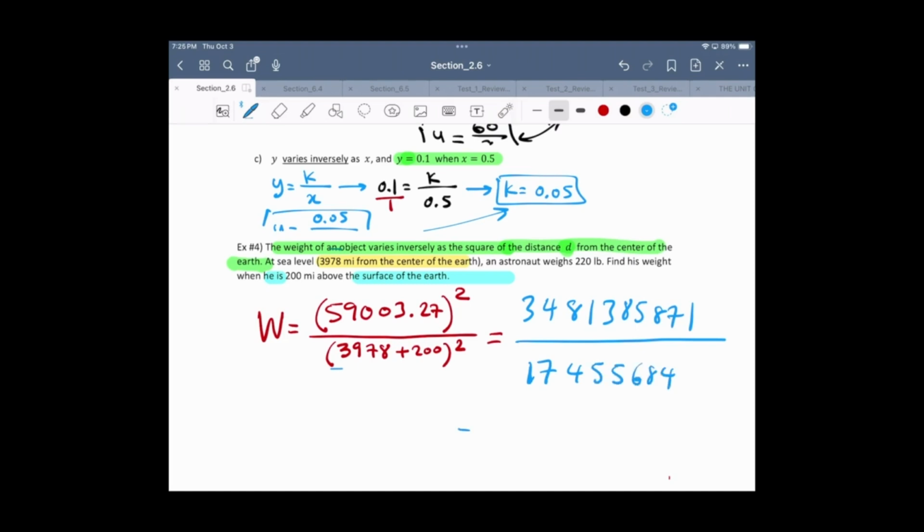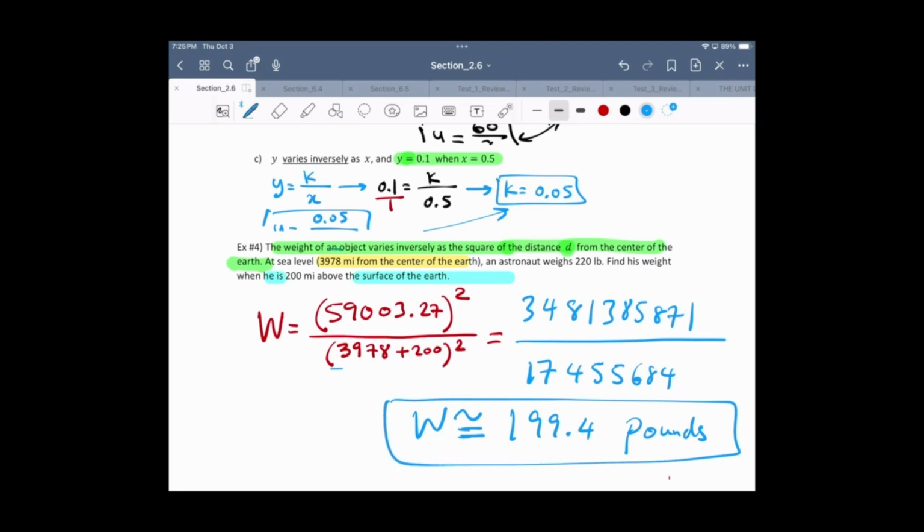Calculate that ratio, and you should agree that this weight is almost around 199.4 pounds. As we expected, right? We expect that we weigh less in outer space than we do closer to the Earth or on the surface of the Earth. And for sure, this agrees with that. So the astronaut weighs 220 pounds on the surface, standing at sea level on Earth, but he weighs 199.4 pounds, 200 miles above the surface of the Earth.